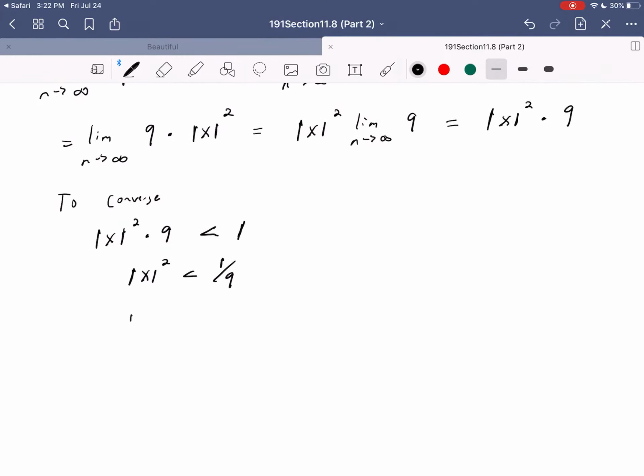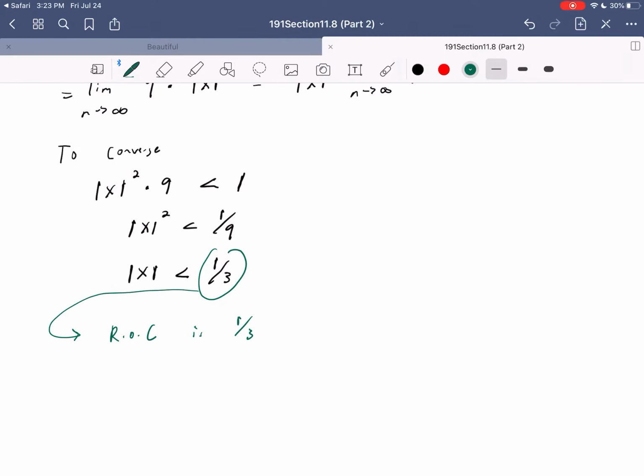If we square root both sides, we get absolute value x is supposed to be less than 1/3. When we square root that 1/9, we get a 1/3 there. So this right here tells us our radius of convergence. Our radius of convergence is 1/3. We can go as far as 1/3 of a unit and still have convergence.